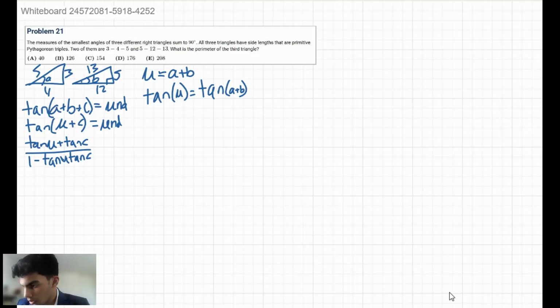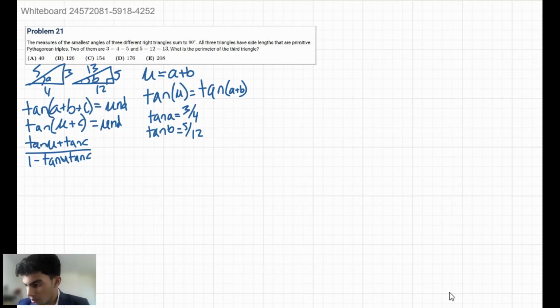Well, that's just going to be, again, tan A plus tan B over 1 minus tan A tan B. And we know that tan of A, by looking at the triangles, is going to be opposite over adjacent, which is 3 on 4. And then for tan B, that'd be 5 on 12. Okay, so we can just plug that into the formula.